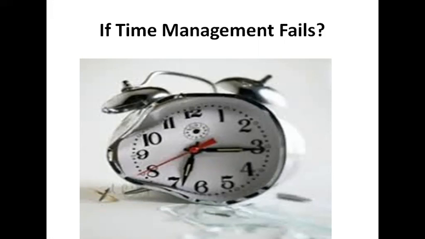Then if you cannot complete your work, you'll get stressed. Then if you tend to multitask, if you think that you will multitask and complete your things fast, it can fail, right? So these are a few factors why time management fails.